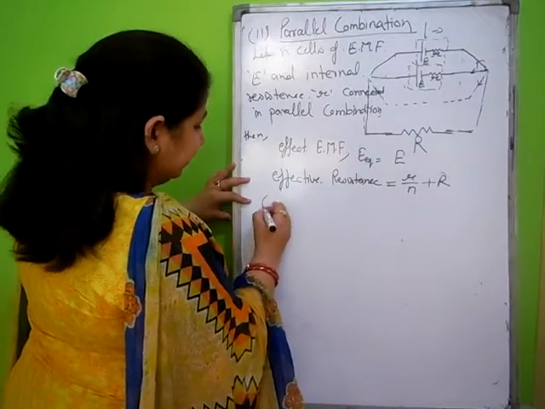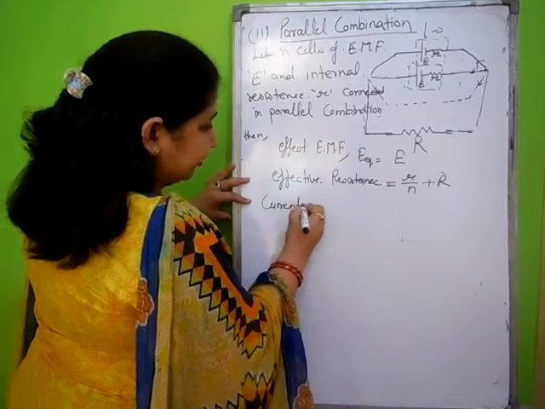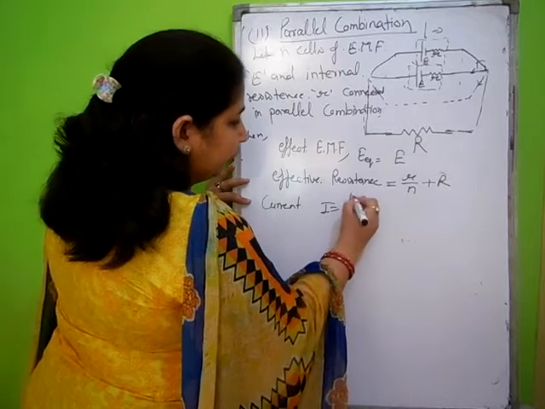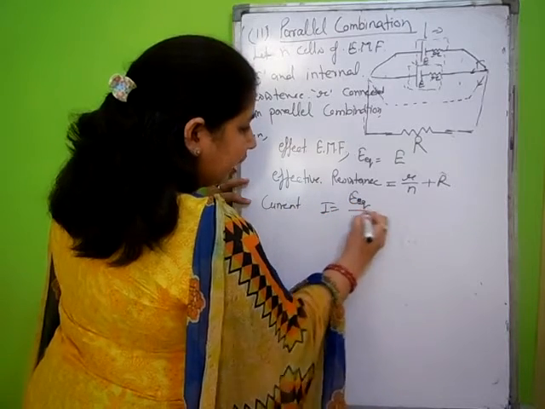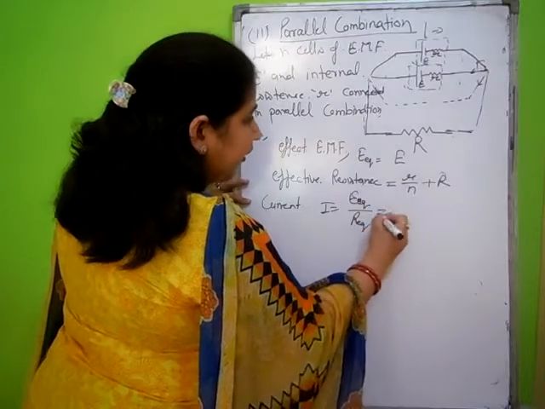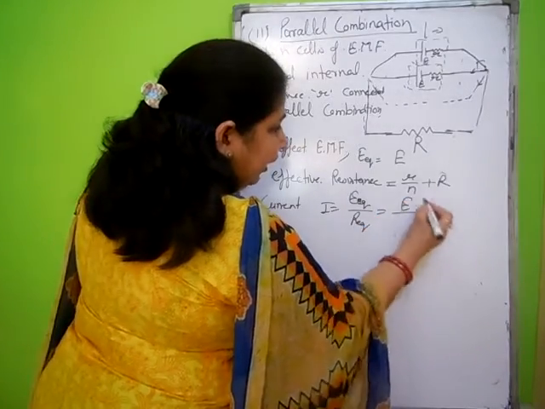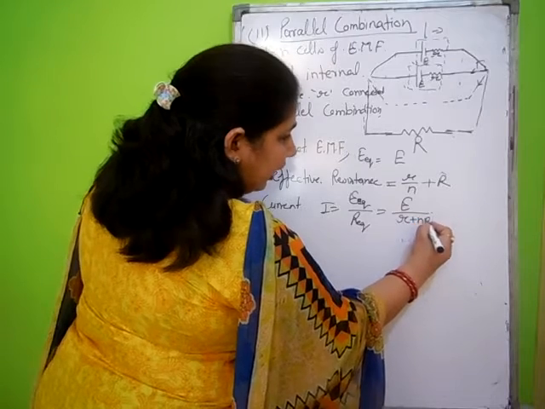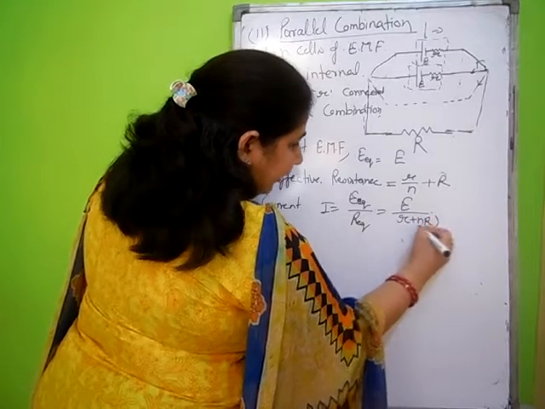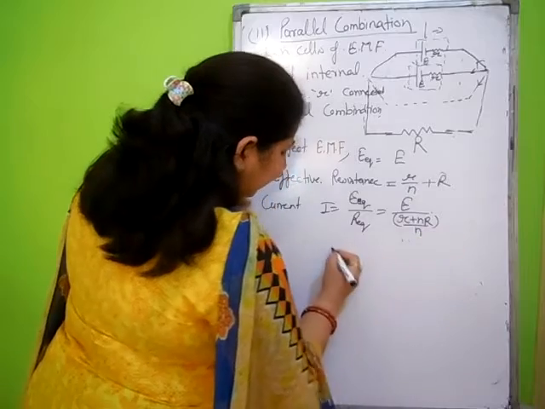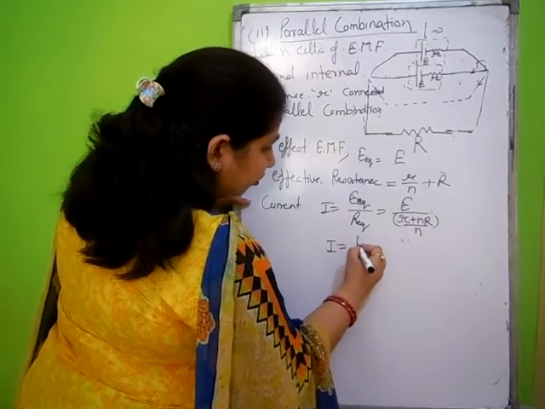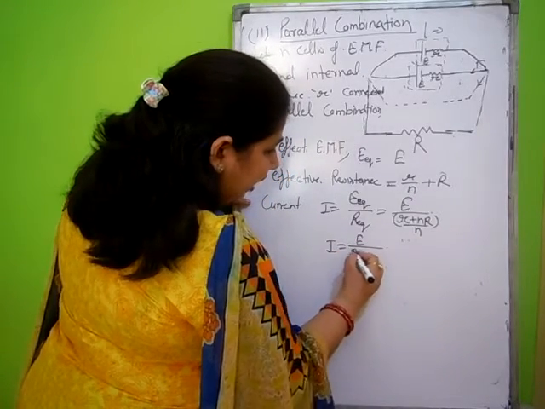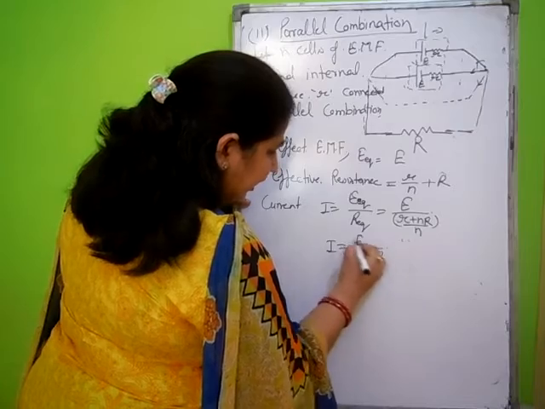Effective current, total current: I is equal to E equivalent upon R equivalent. E equivalent is E, and R equivalent we can write as R plus r/n, or I is equal to nE upon nR plus r.